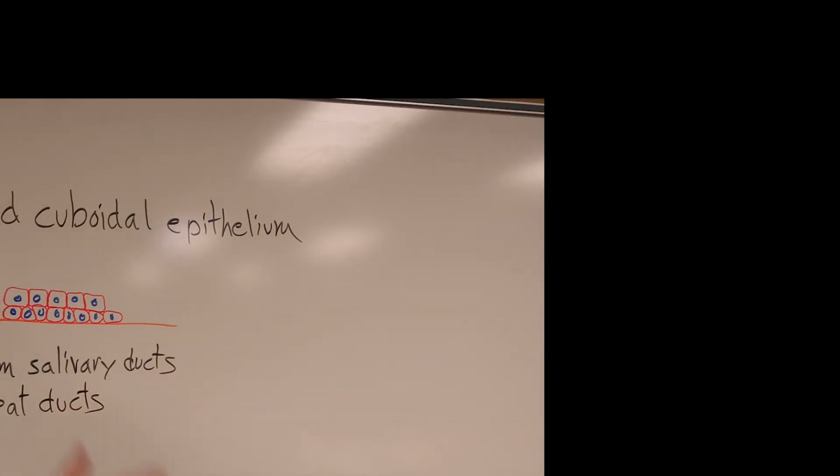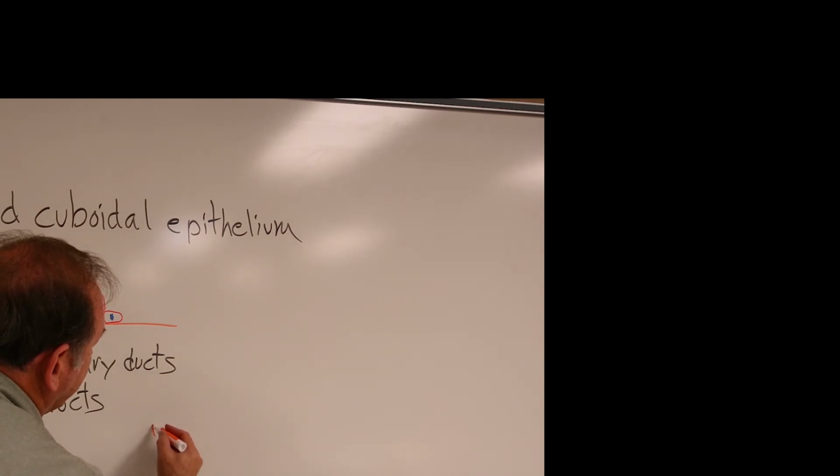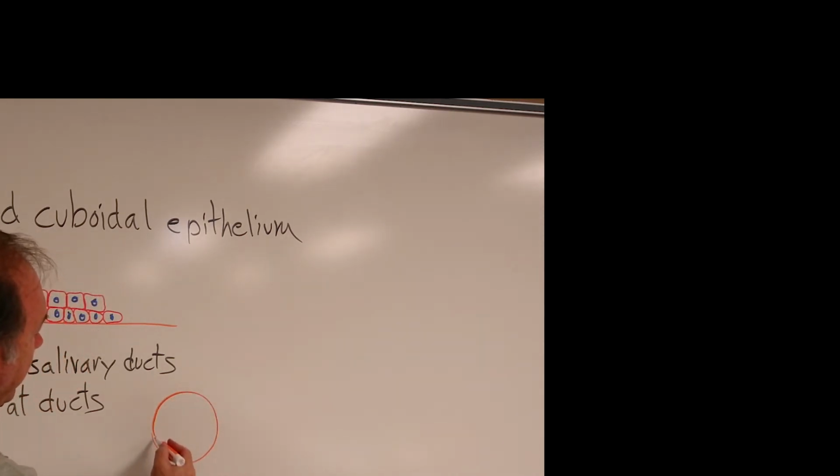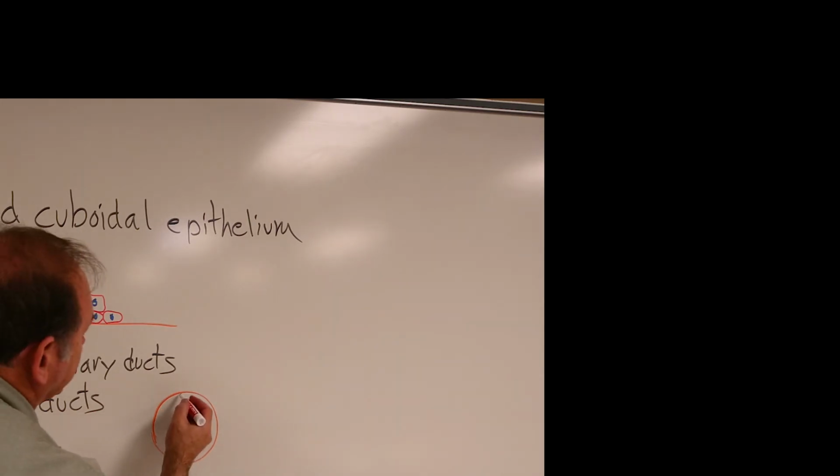So if we were to make a cross section of one of these ducts, we cut through the skin, this is the way we usually see it histologically, we would see a circular basement membrane around the outside. In the middle would be the cavity of the duct, a tubular passage, what we often refer to as a lumen. A lumen is the cavity of an internal structure.